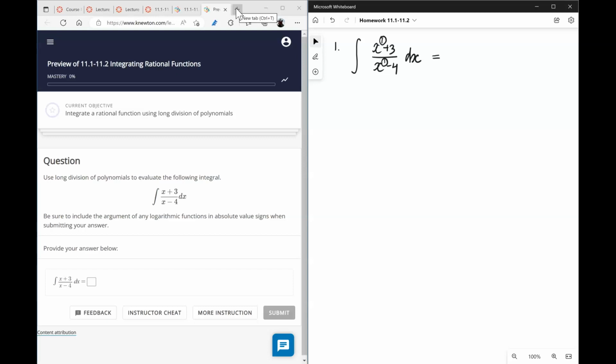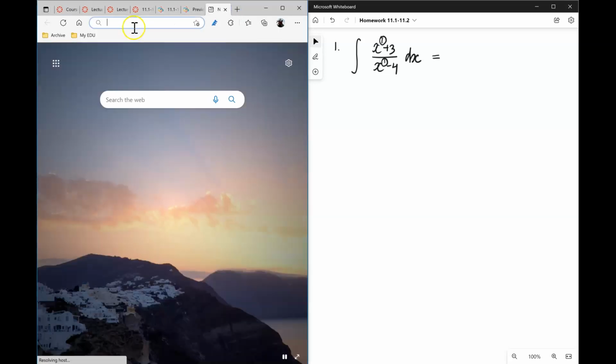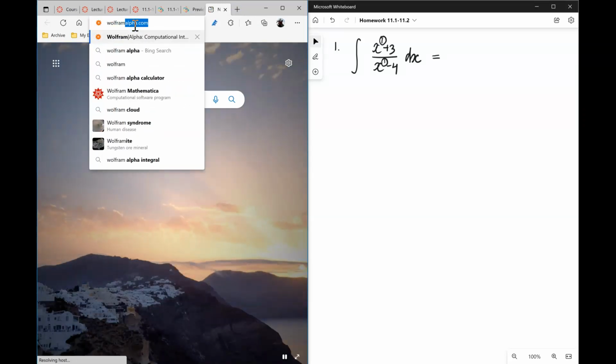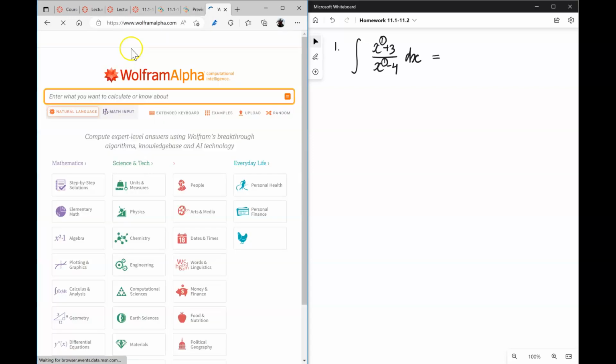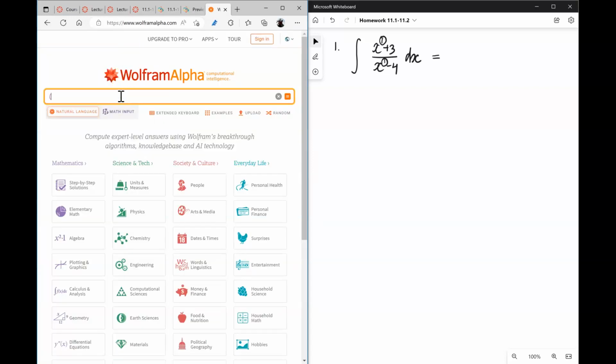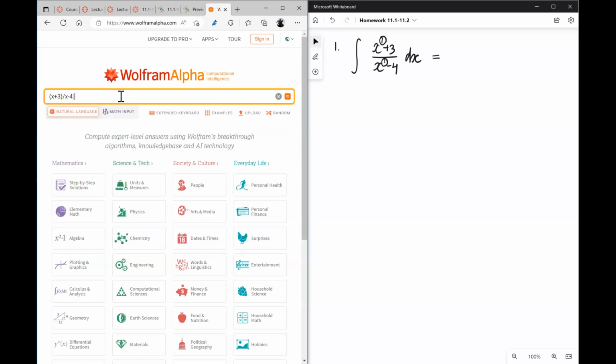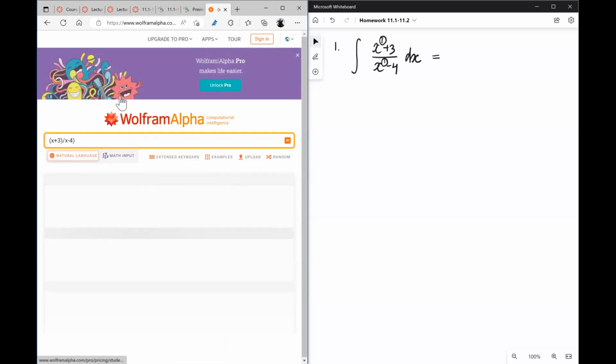So again, the long division is something that we have learned to do a long time ago, and I'm not going to try to teach you how to do long division here, so I'm just going to use technology to help us with this simple task.